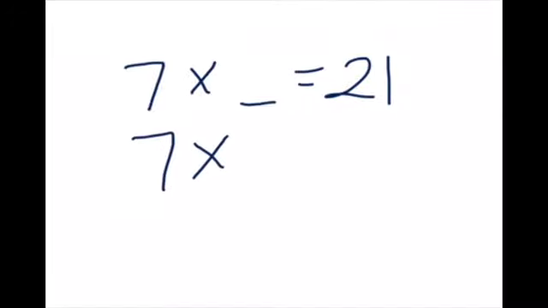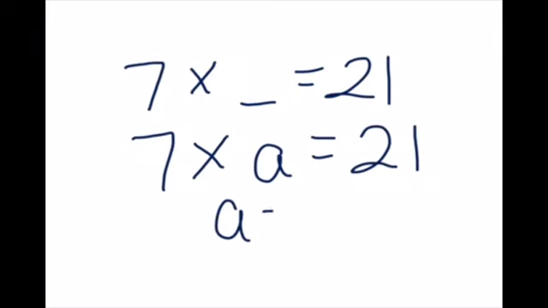So I could say 7 times A equals 21. And that A really is just the unknown. And of course, we would have to find out what A would equal. What would A equal? 7 times A equals 21.